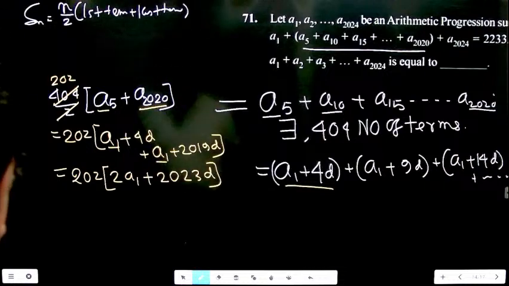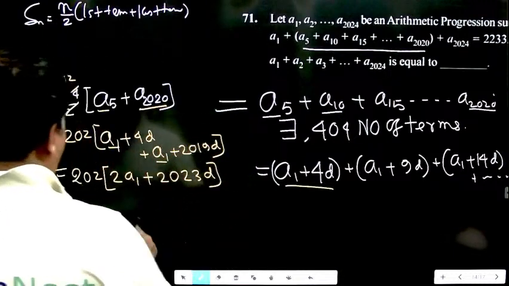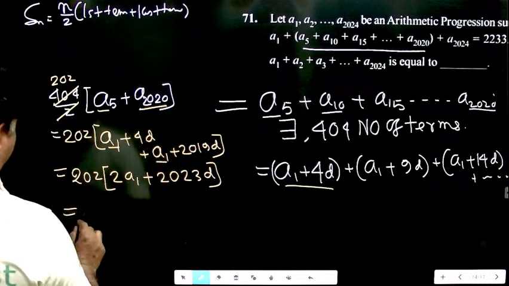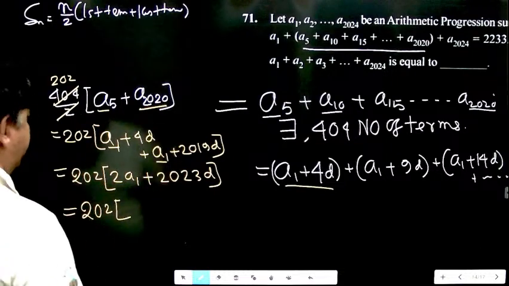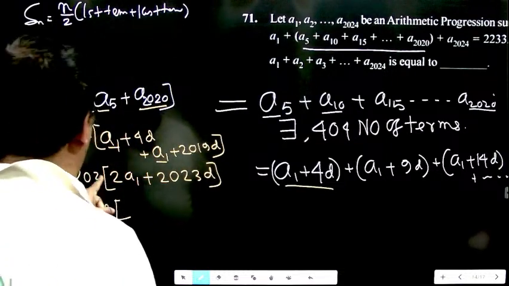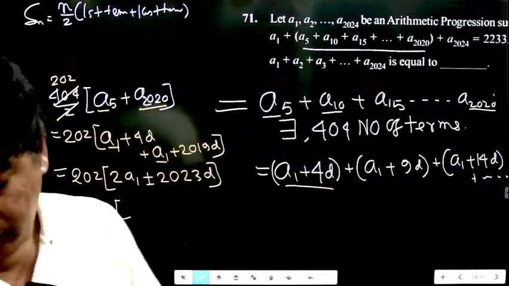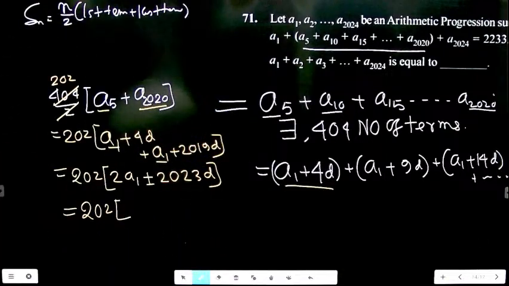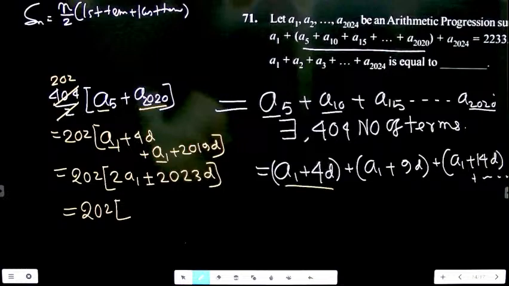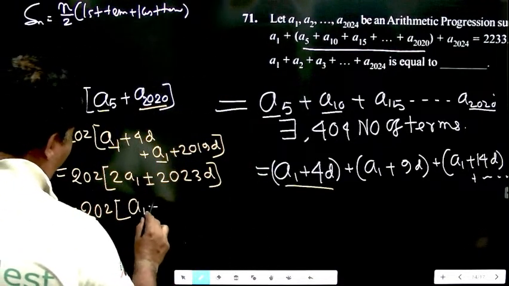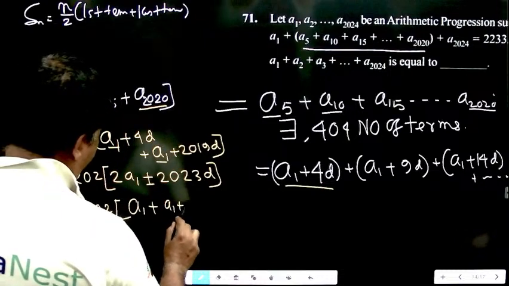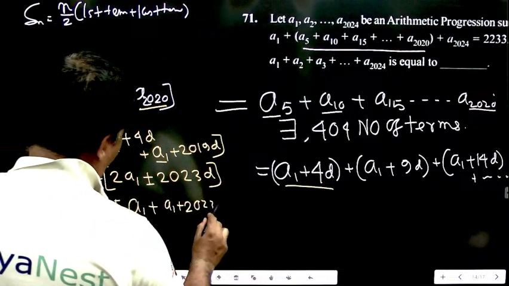Now, what we'll do with this? I can split it into two parts: A1 plus A1 plus 2023D.